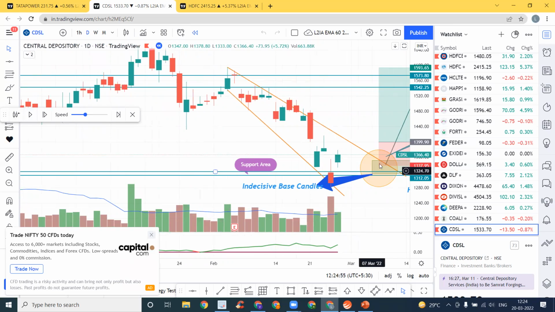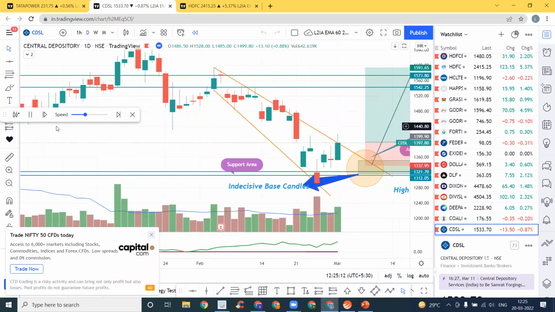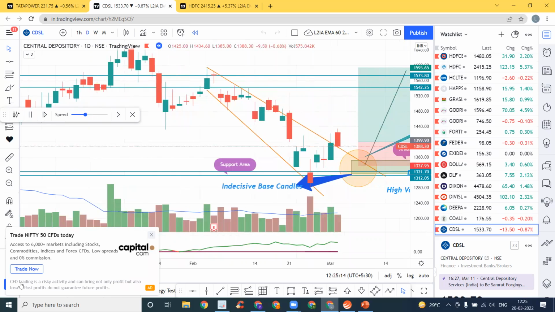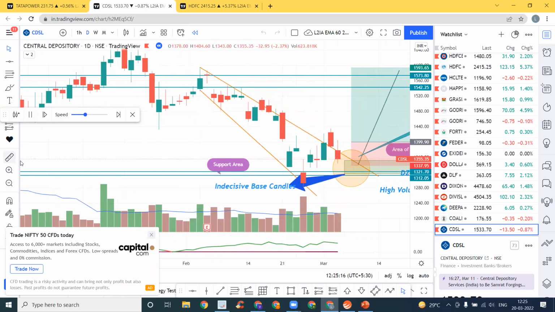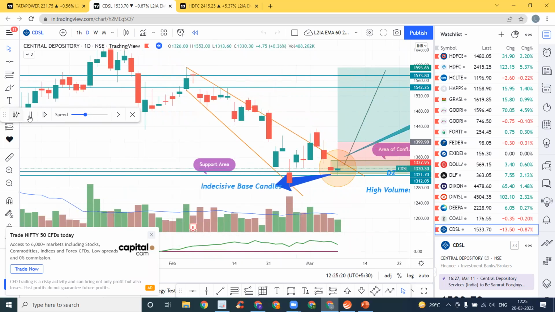What has happened? On this day, I'm seeing that a demand zone kind of thing will be formed. One minute, I'll take it further. A green candle, a red candle, a red candle, a small red candle, and a green candle.